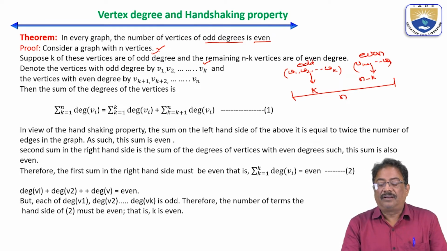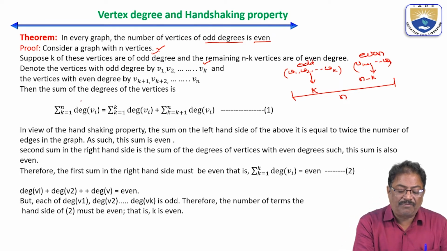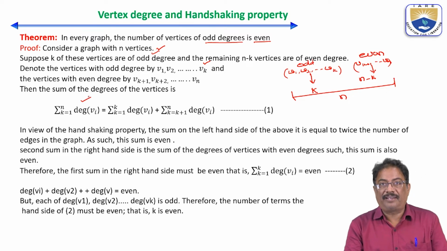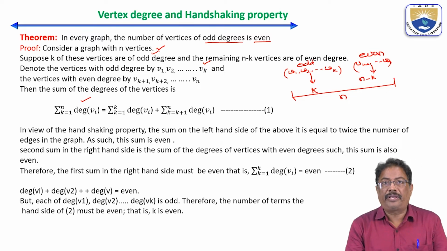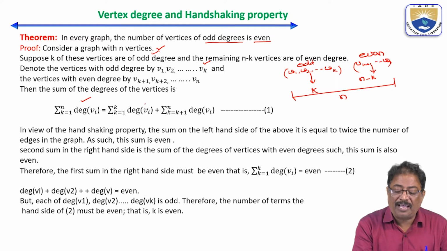Now, the sum of the degrees of all vertices can be written as the sum over i equals 1 to n of degree of Vi.